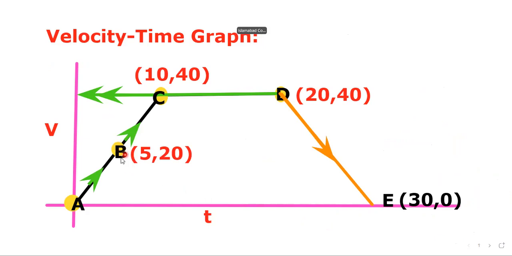Now let's move from B to C. B is (5, 20) and C is (10, 40).